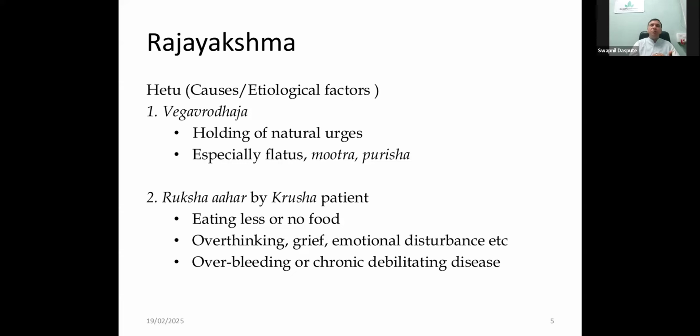One loose motion is okay, because the doshas, the excess malas or the accumulated malas are going out. But if there are 2, 3, 4, 5 or 6 loose motions in a day, and the patient keeps assuming that it is a part of the treatment, they may end up in a different problem than what the primary concern was.